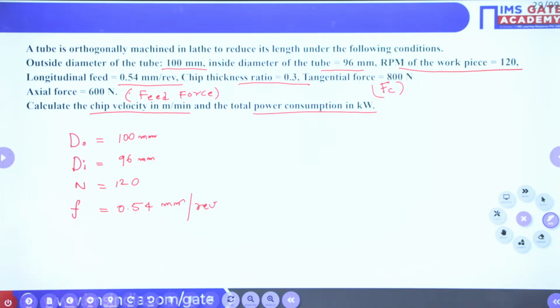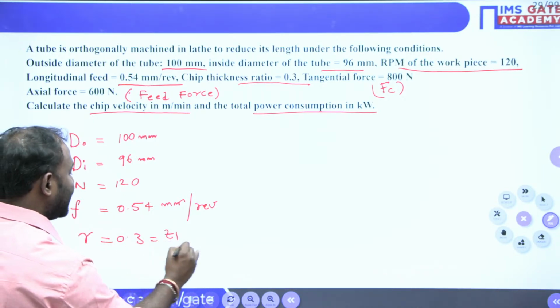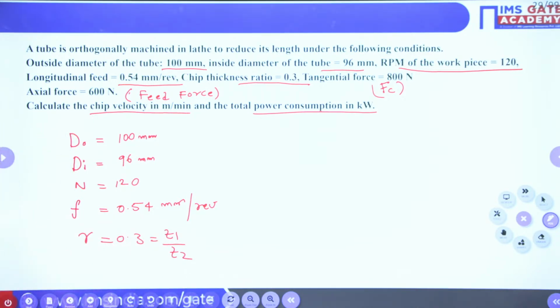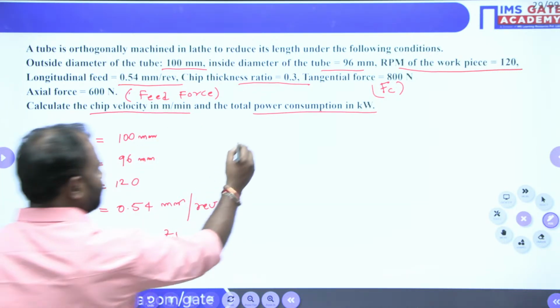Chip thickness ratio R is 0.3, that is T1 by T2, so T1 by T2 is 0.3.